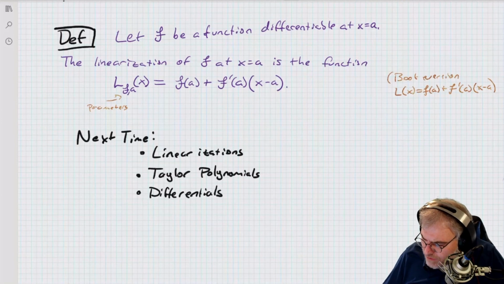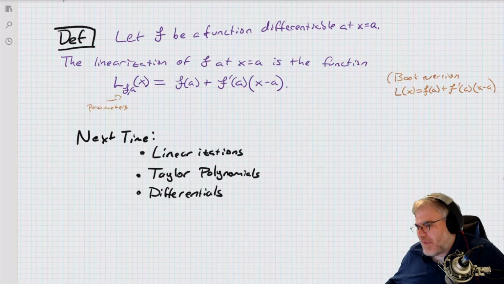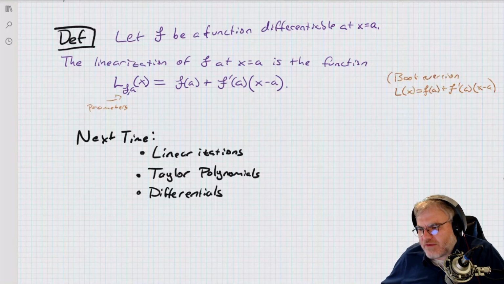And that will be the conclusion. This stuff is the conclusion of test 2. Taylor polynomials never make it on the test, and differentials almost never do.